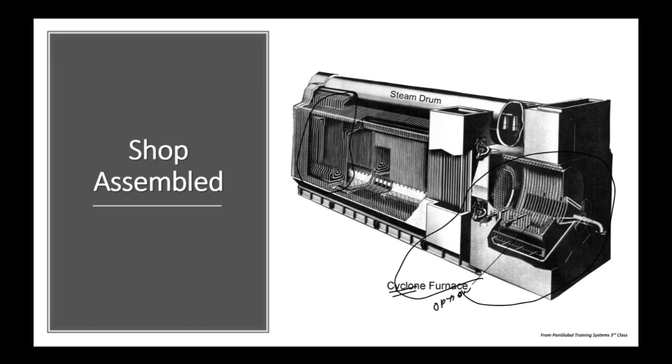Now maybe you could order this with a radiant and convection superheater, or maybe only a radiant superheater, or maybe only a convection superheater. Perhaps you can order this boiler with a reheat option. Maybe you can order this boiler with economizers. And so these are very large heat exchange components.